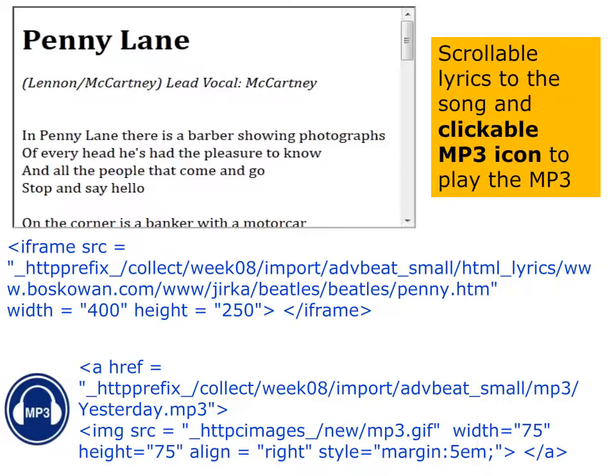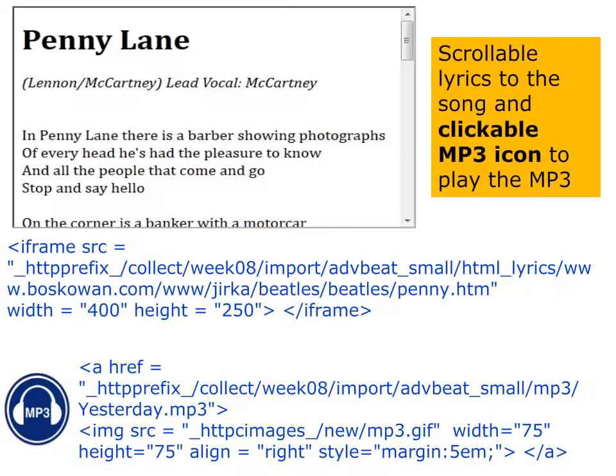So I'm using the macro HTTP prefix and collect week 8 my collection, the import folder, add beat small, and then under HTML lyrics, and then a couple other folders down, we finally get to penny.htm, which is the lyrics. So I put those in a frame that will now display for that particular record. And again, I'm using penny.htm. I should use ex source there, so I have the file name for this particular record, I would think.